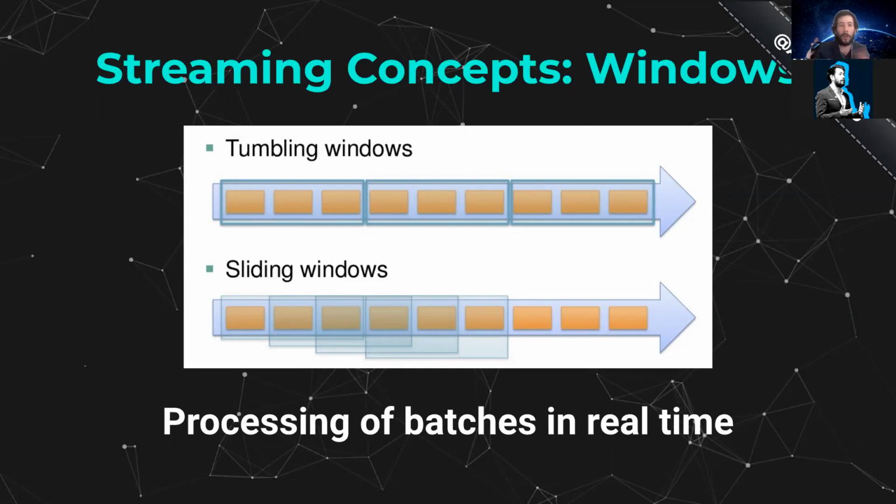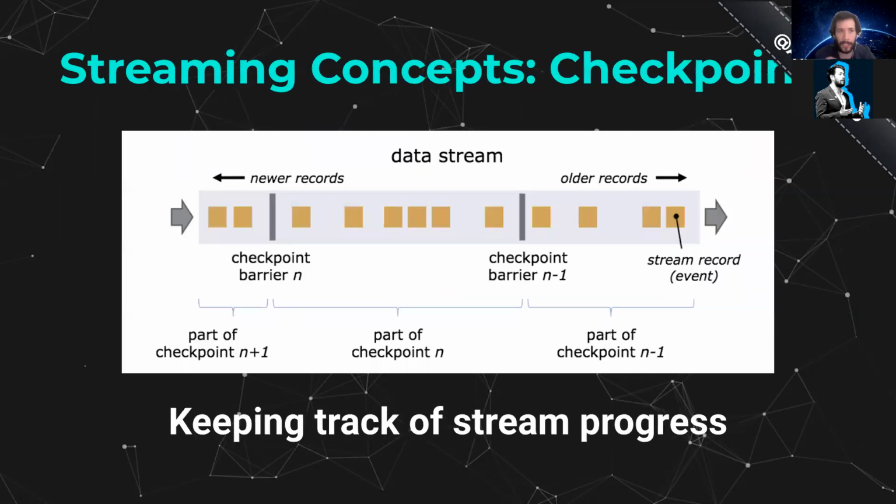Bear that in mind, because we're going to cover that in a couple of slides, and that's going to be an important detail. The second point is the concept of checkpoints, and checkpoints are basically like how you have it in a game, right? In a game, when you reach a checkpoint, if suddenly you die later on, you return to that checkpoint, right?